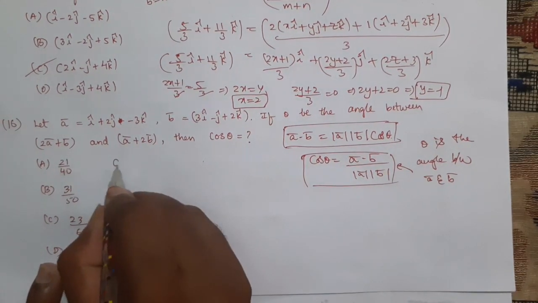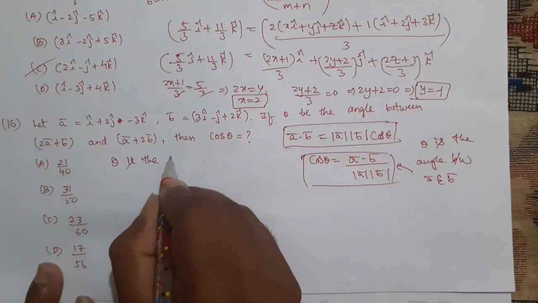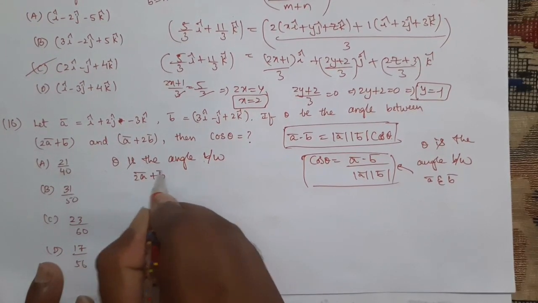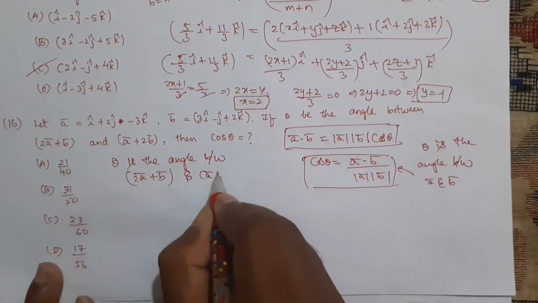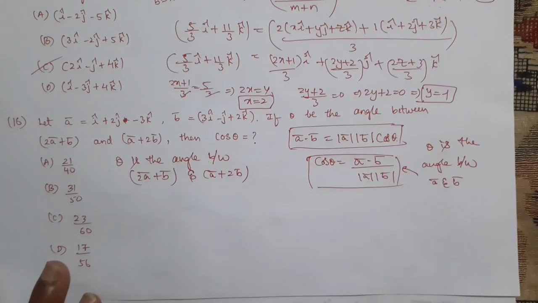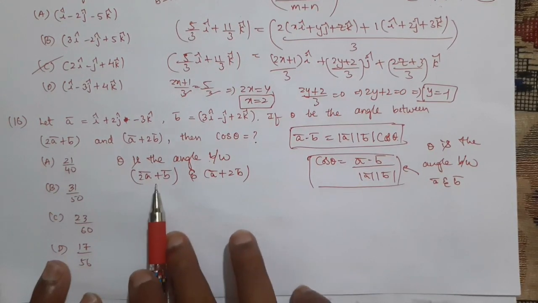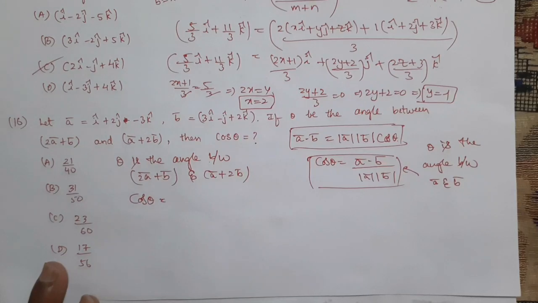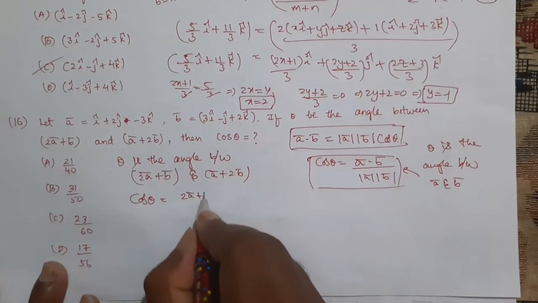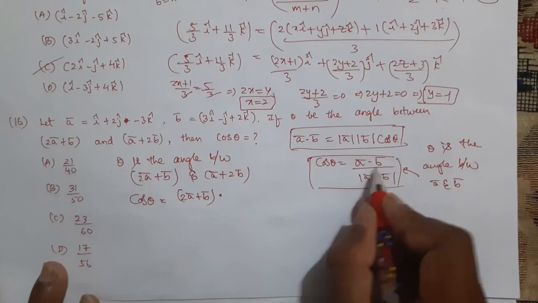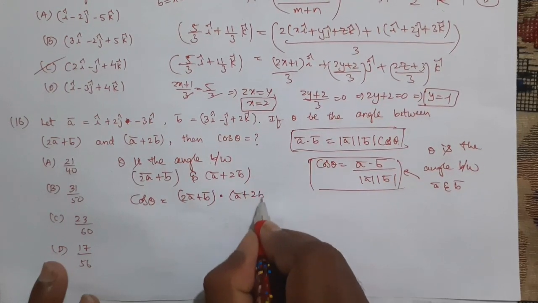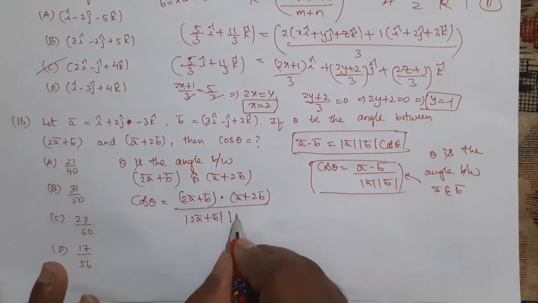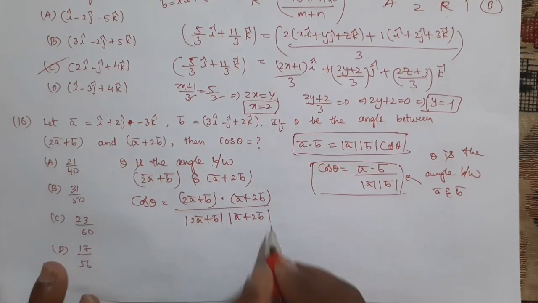Now they are asking theta is the angle between 2a bar plus b bar and a bar plus 2b bar. Then you should replace a bar with the first vector, b bar with the second vector. That means the formula will become cos theta is equal to 2a bar plus b bar dot a bar plus 2b bar divided by modulus of 2a bar plus b bar and again modulus of a bar plus 2b bar.